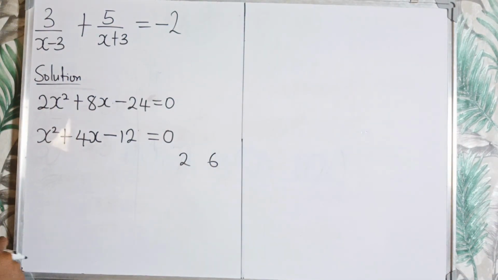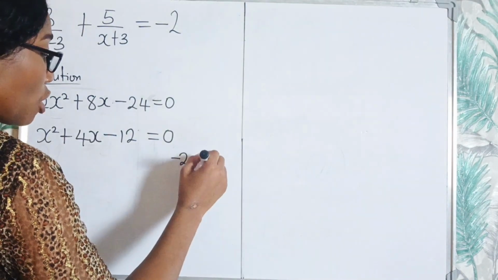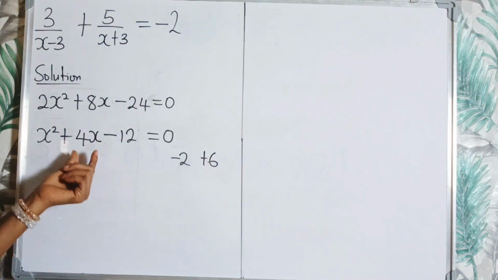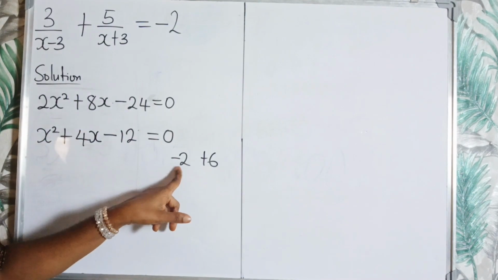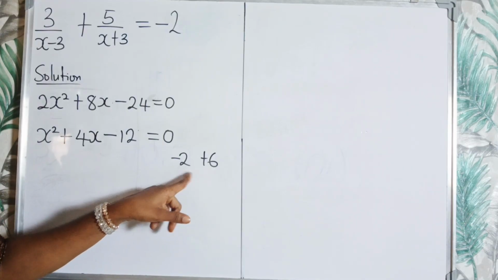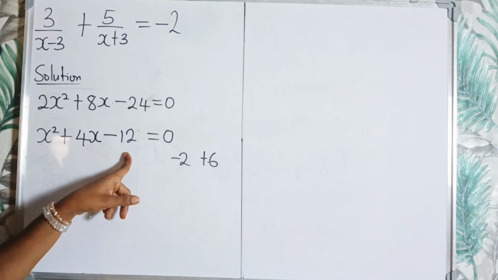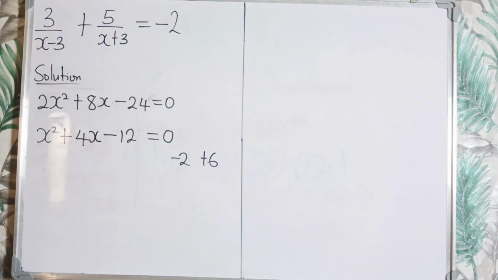So if we have minus 2 and plus 6, if we add minus 2 plus 6, we are going to have plus 4. And if we say minus 2 times 6, you're going to have minus 12. So these are the factors we are going to use, minus 2 and plus 6.